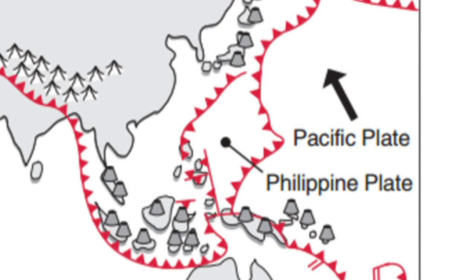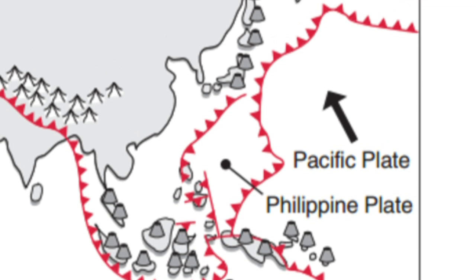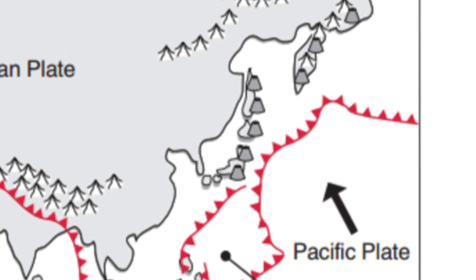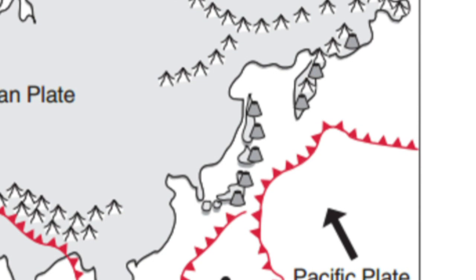Down at the bottom of this image, you can see Indonesia, and then at the top we have Japan, where we have two oceanic plates converging. There we go. So those are oceanic convergences. One plate goes under, we get magma formed, the magma breaks through the surface eventually, creates an island.